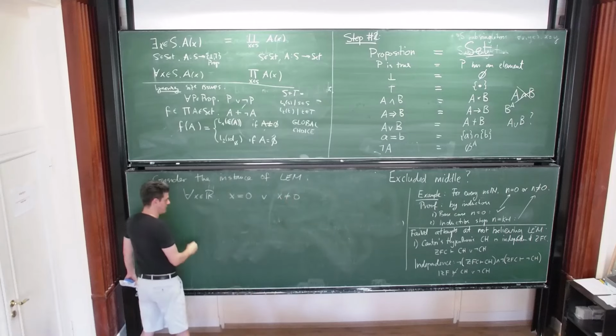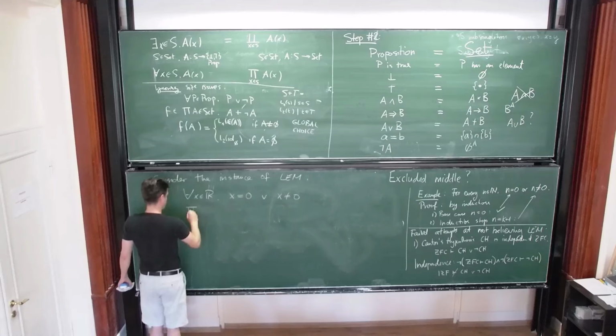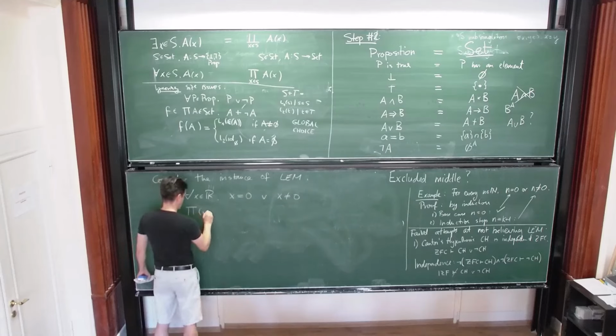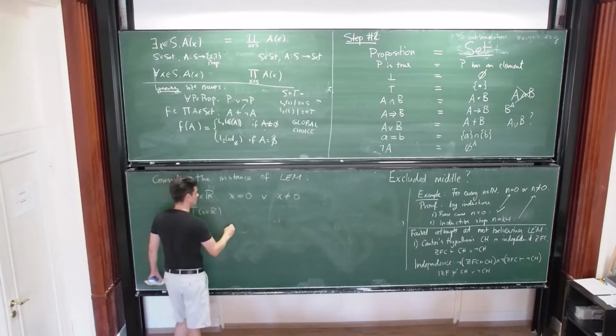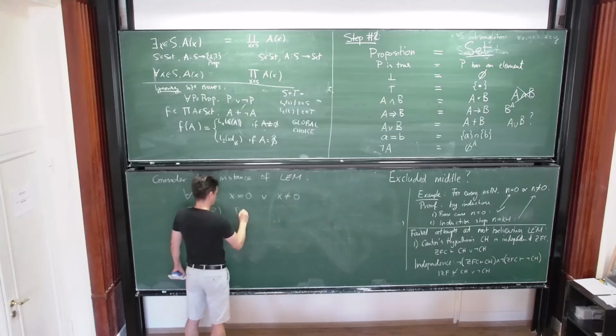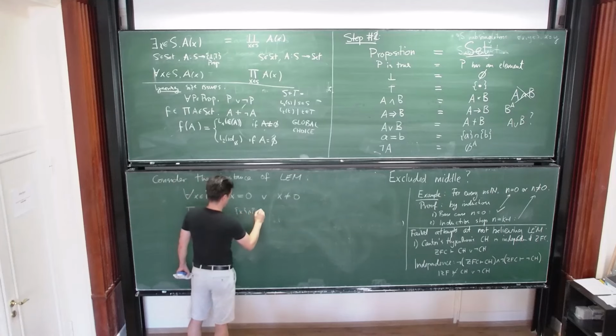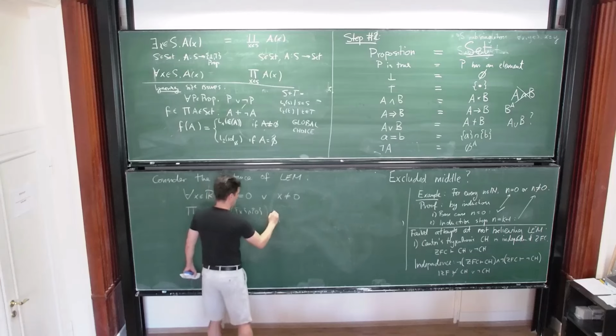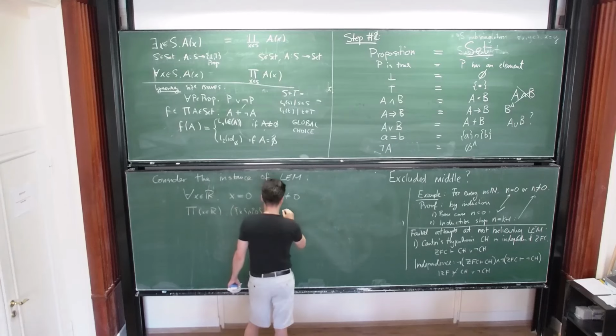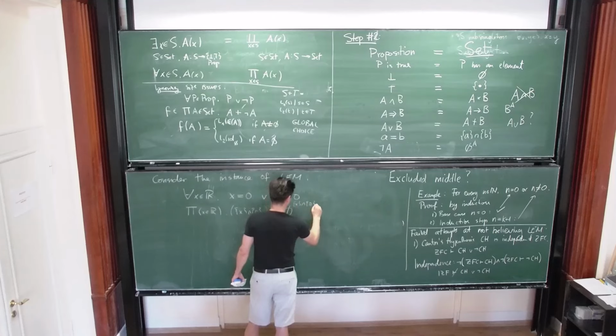So let's rewrite this. Pi over x in R of singleton x intersection 0 plus the empty set to x intersection 0. This is what we get.